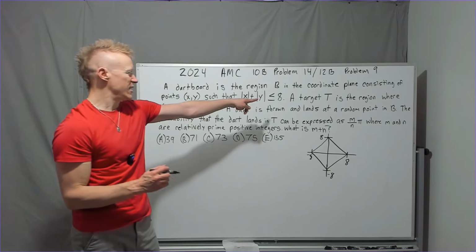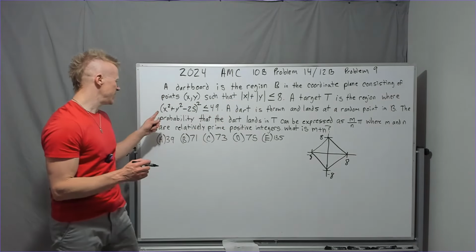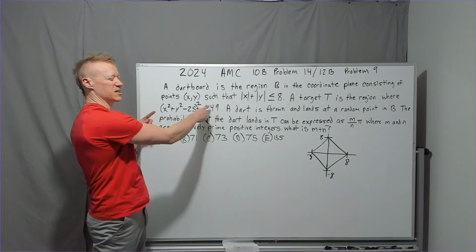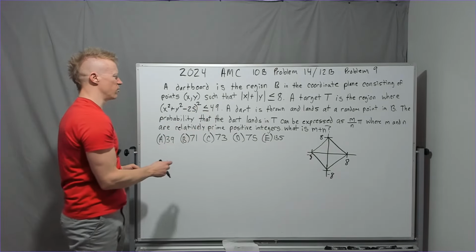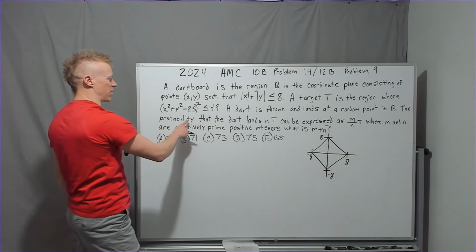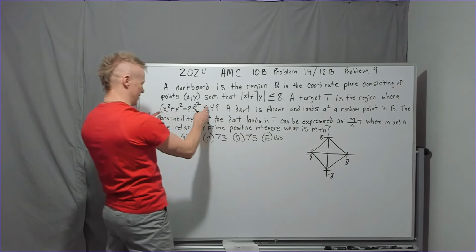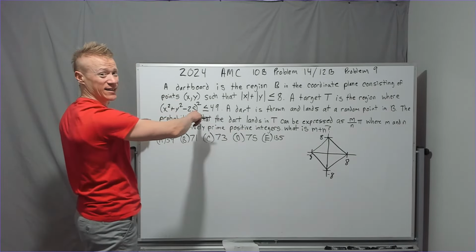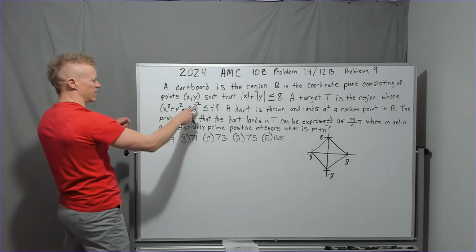Okay, now a target T is the region where this is true. Notice it's something squared and you've got a perfect square. You're probably square rooting. A dart is thrown and lands at a random point in B. The probability that the dart lands in T, this region, can be expressed as. Stop there, go find T. Okay, so now you're going to square root.